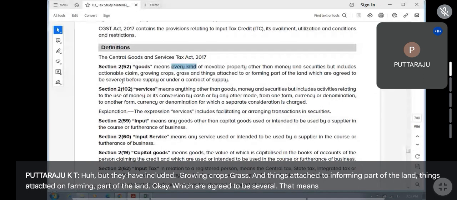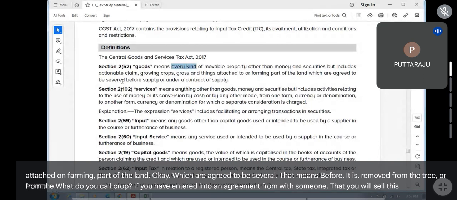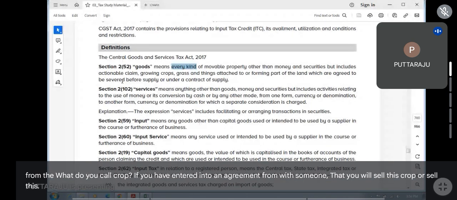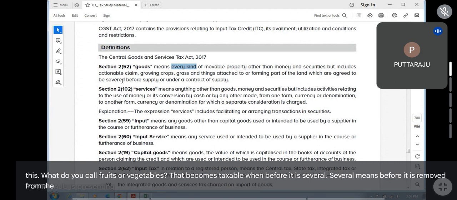That means before it is removed from the tree or from the crop, if you have entered into an agreement with someone that you will sell this crop or these fruits or vegetables, that becomes taxable when it is before severance, meaning before it is removed from the crop.